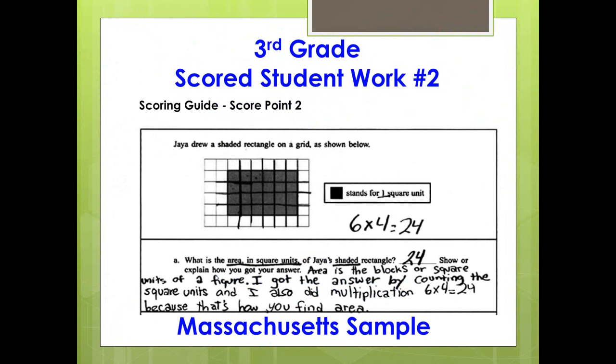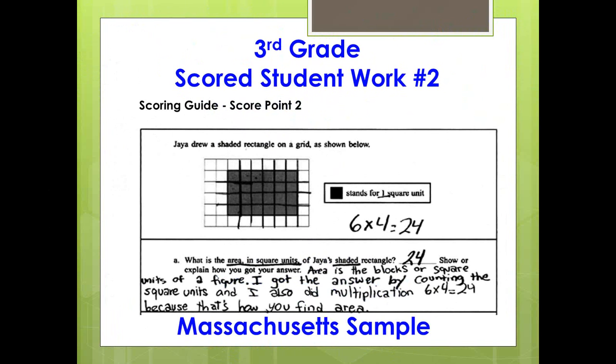Another student that scored a 2 also divided up their diagram and indicated that you had 6 times 4, because you had a width of 4 and then a length of 6 to get 24.